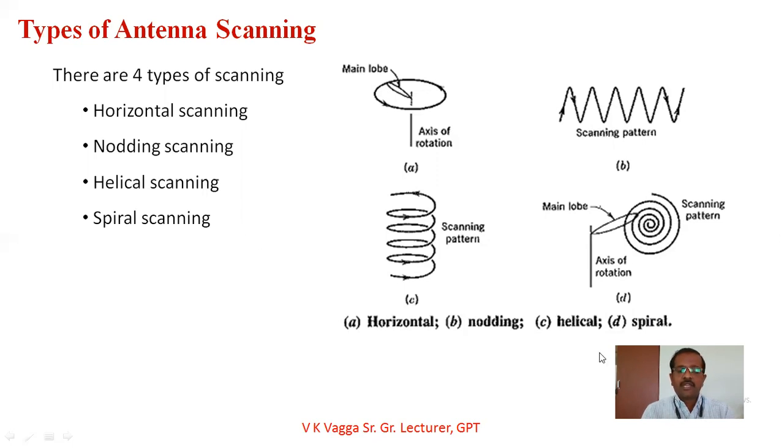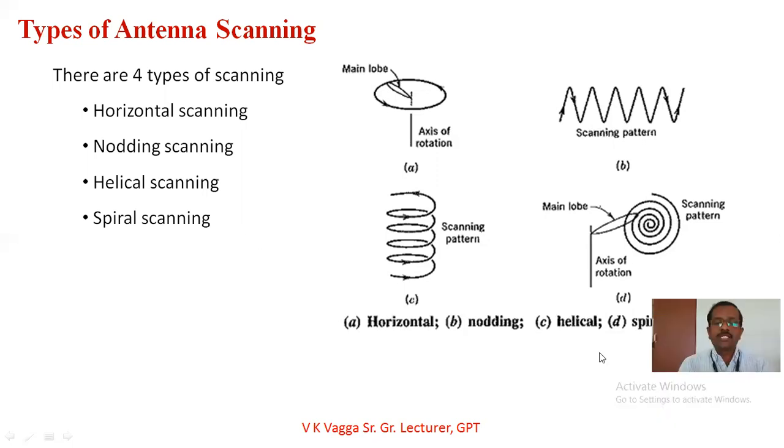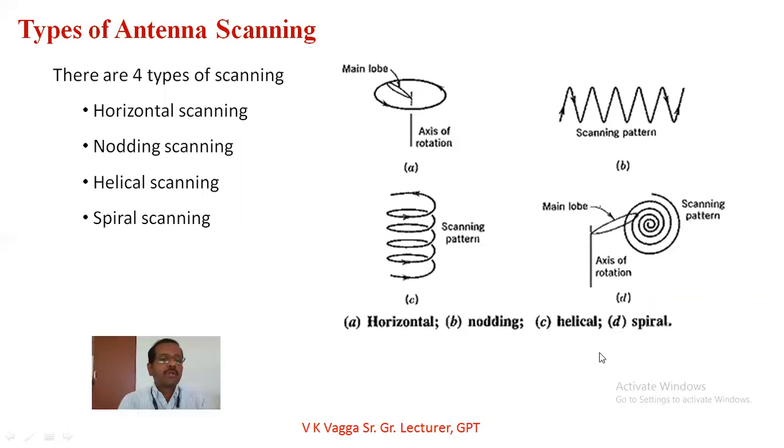Understood? It's very easy and simple to remember. If it scans in a horizontal movement, it is called horizontal scanning. If it rotates horizontally and also vertically, it is called nodding.